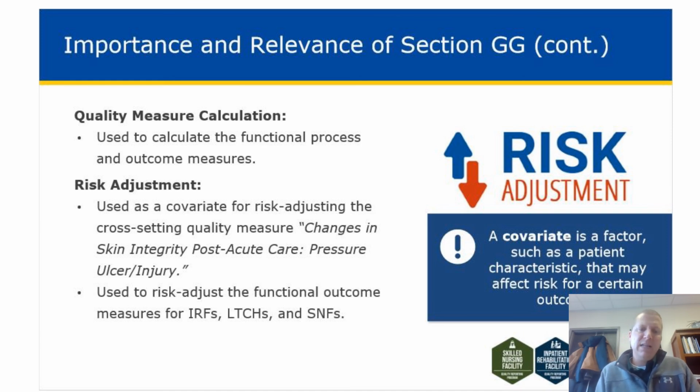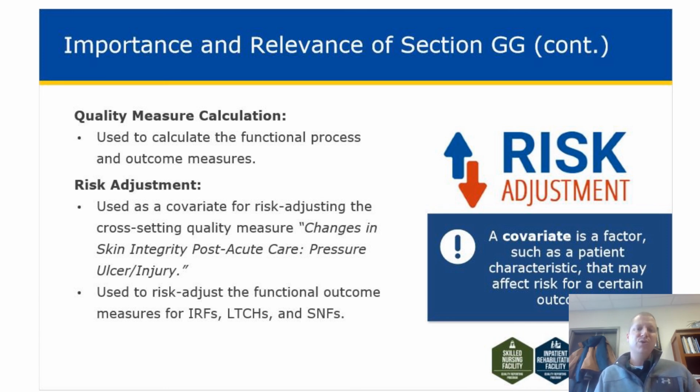Okay, and so basically it's looking at maybe changes in skin integrity. So more people, if they're not up and moving around, and they're more sedentary, and they're having decreased appetite, then their nutrition is lower, and they're not moving, so they have decreased circulation, and maybe they have other types of comorbidities like diabetes.